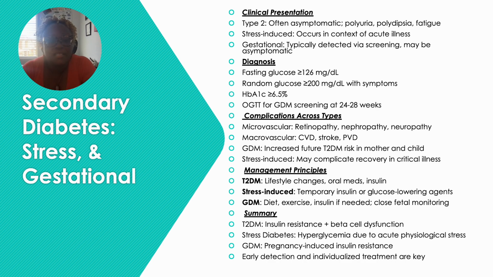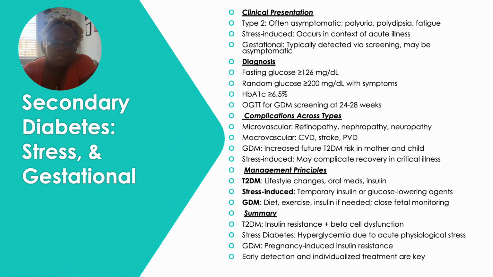So we want to educate them and emphasize the importance of coming in for that preventative screening, so we can keep an eye on them and make sure they're having a good diet, exercising, and keeping up with their doctor's appointments, so we can monitor them. Stress-induced hyperglycemia may complicate recovery in critical illness.